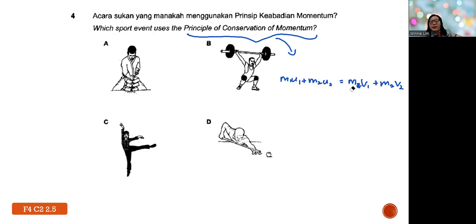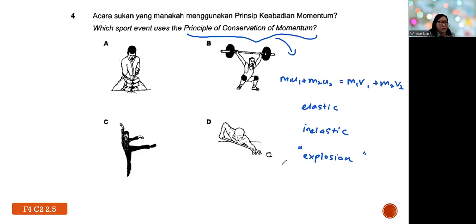So you have three types of collision involved: elastic collision, inelastic collision, and explosion. Most applications involve explosion, like launching of a rocket, the movement of a squid, or firing a gun. So this is the common one under explosion.